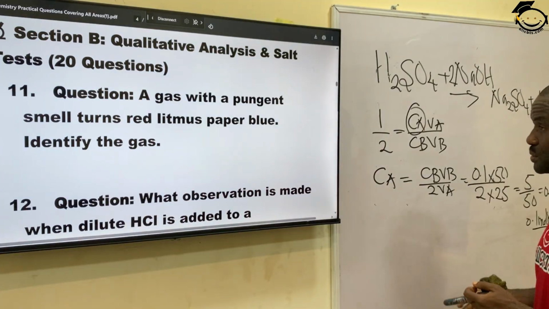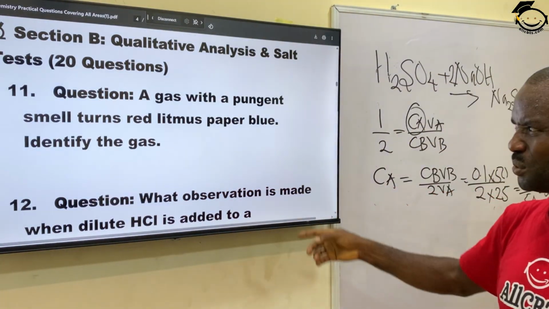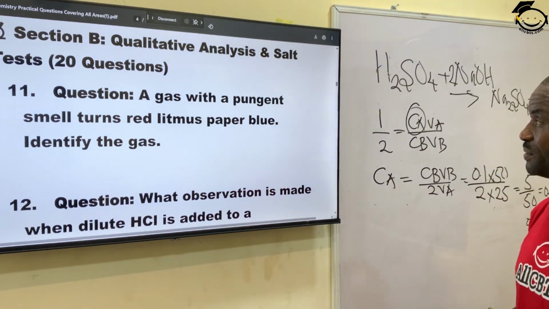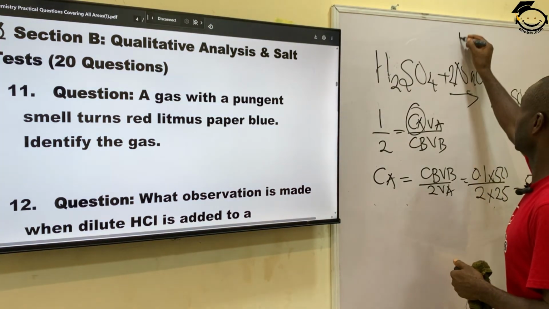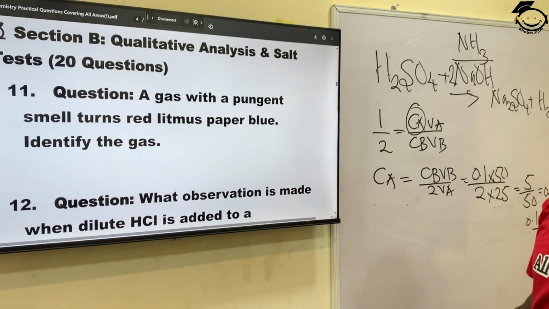Ammonia gas, because only ammonia will turn red litmus paper blue, and it is pungent. It has these two characteristics, so ammonia gas is the answer. Ammonia is written with the formula NH3. Question 12.